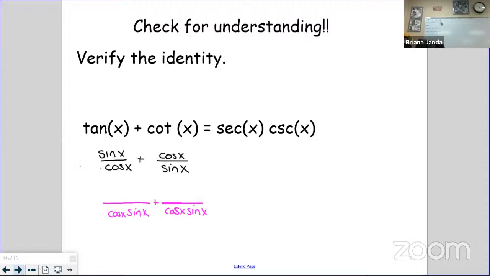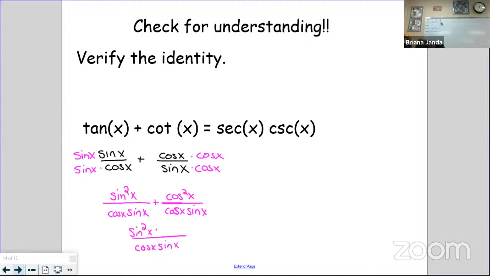Gonna have to speed this up just a little bit here. We would have to multiply top and bottom. Well, sine of x times sine of x is sine squared. Over here, we're missing the cosine of x. Cosine of x times cosine of x is cosine squared. And then I can add them together because they have the common denominator.